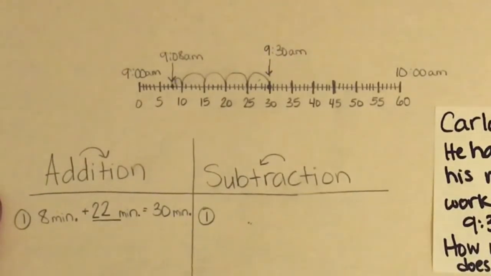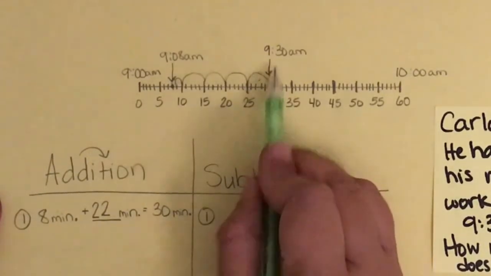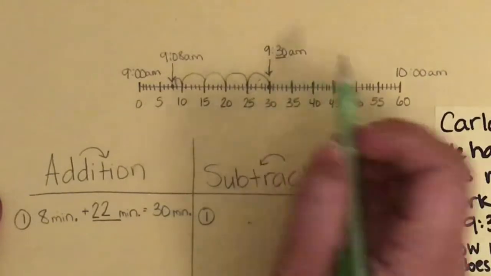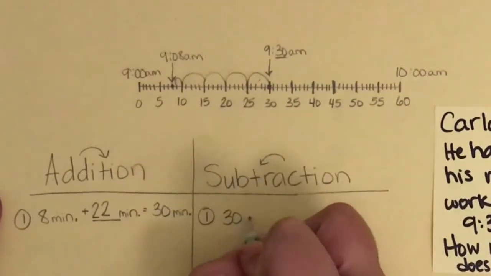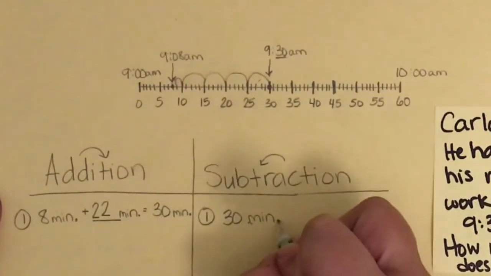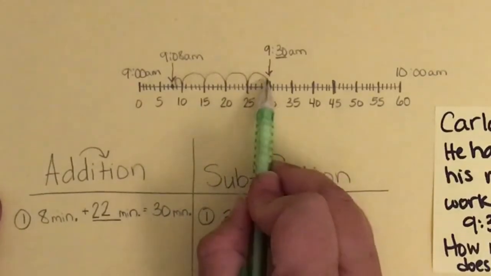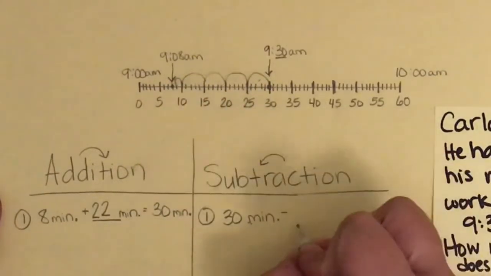Let's see if that would work with subtraction if we counted backwards. This time we would start at 9:30 at the 30 minutes. And we're going to subtract or count backwards a mystery number.